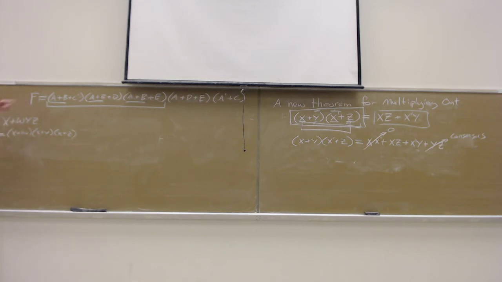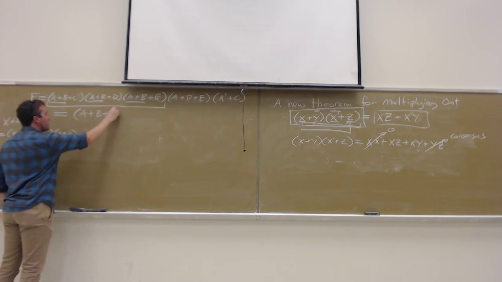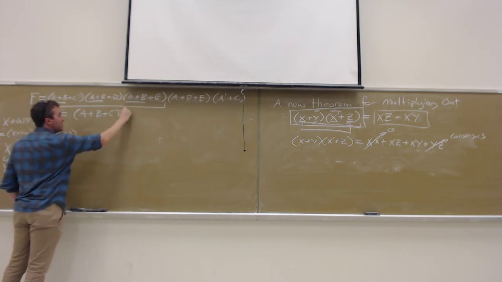X is A or B, right? And then we have a W that's equal to C prime, a Y that's equal to D, and then a Z that's equal to E. So that's going to get us A or B or C prime, and A or B or D, and A or B or E.